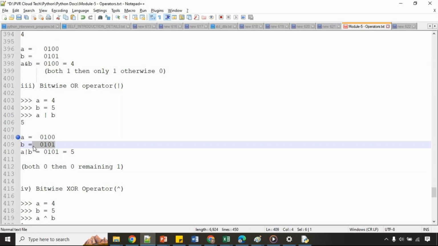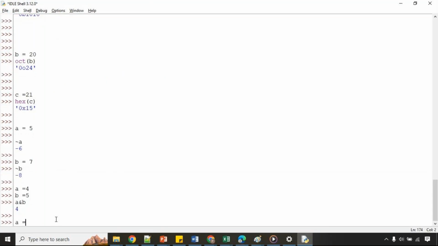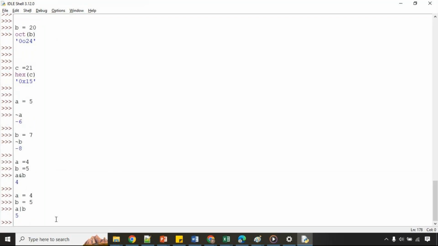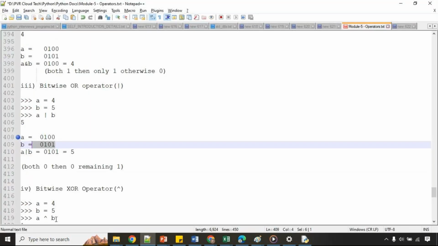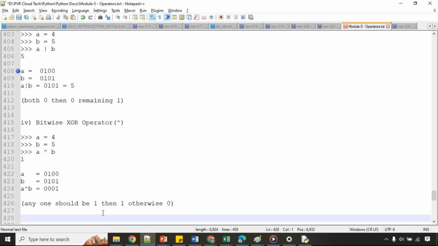This is bitwise OR, and this is the symbol. In the XOR, exclusive OR, if any one should be 1, then 1, otherwise 0.